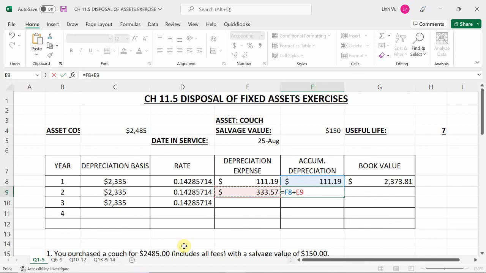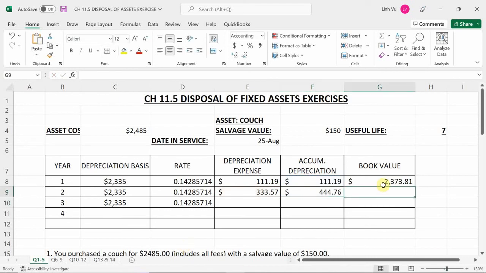What's my accumulated? I got $444.76. Okay, so then what's my book value? $1,890.24.